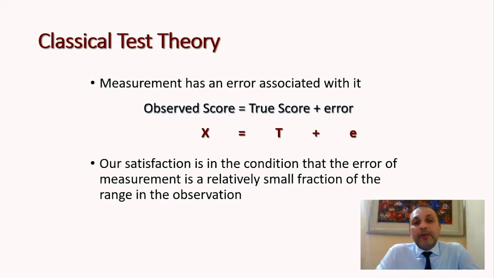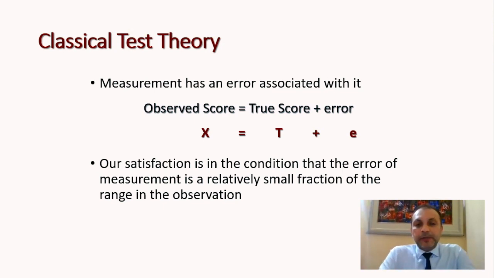For adults, the range of observation is in tens of kilograms, 20, 30, 70, 60, or in pounds. So the range of observation is high. So if there is a few milligrams of error, it does not matter. So the error is a relatively small fraction of the range of observation.